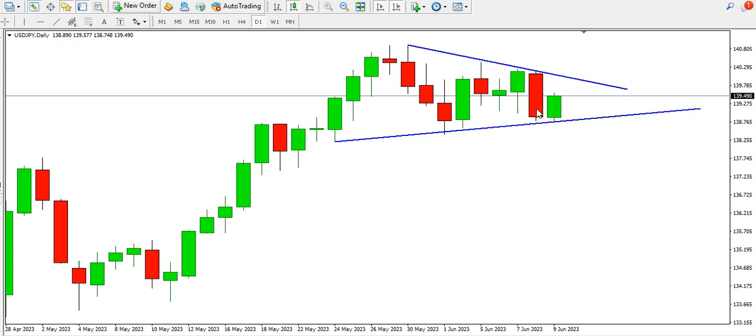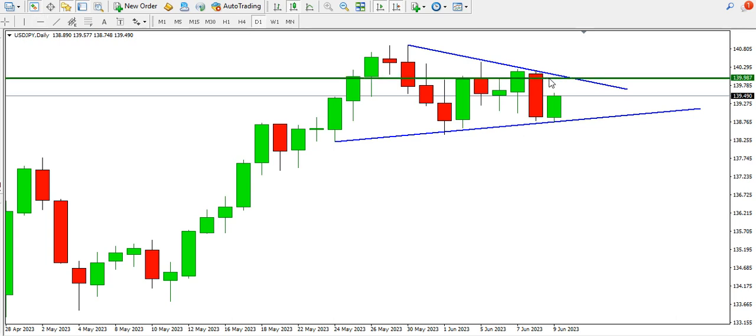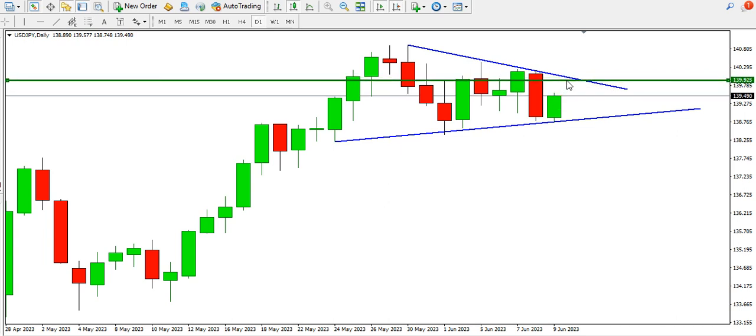No definite direction, so you might expect price to go back to the range top. That's somewhere around the 139.98 level. I expect price to get to that level, or I expect price to get to the 139.9 level. So that's still ranging on the daily time frame.